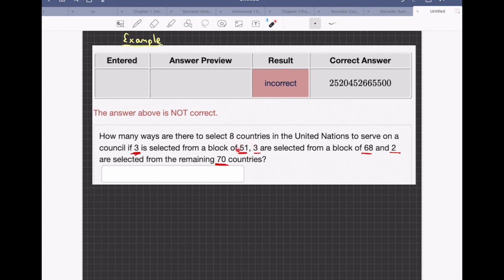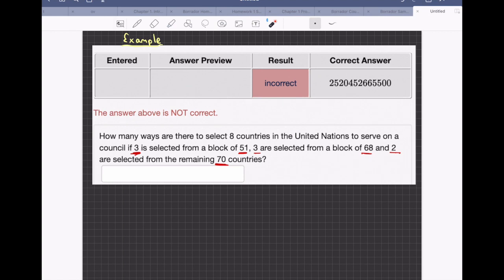We have 51 items. In this case, the items are the nations, 51, and we want to choose only 3. In how many ways can we do that? When you're choosing some from a given total, very likely, or maybe I could say almost for sure in this class, it is going to be permutations or combinations.